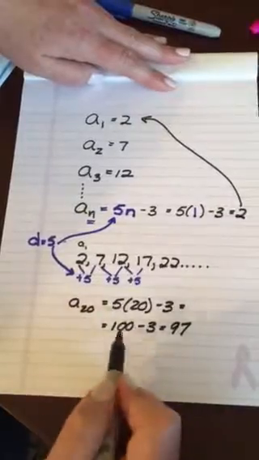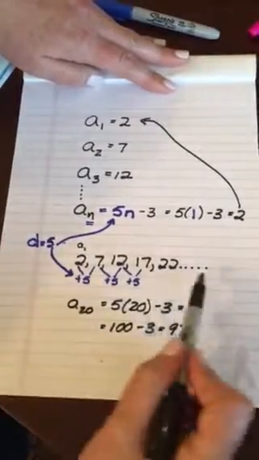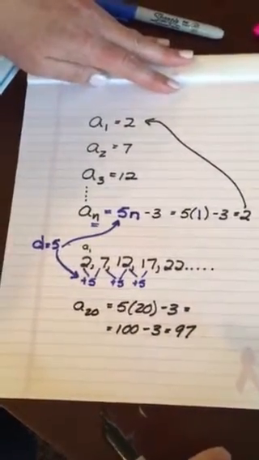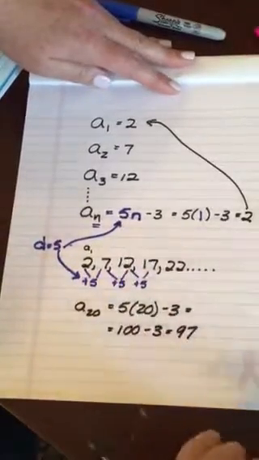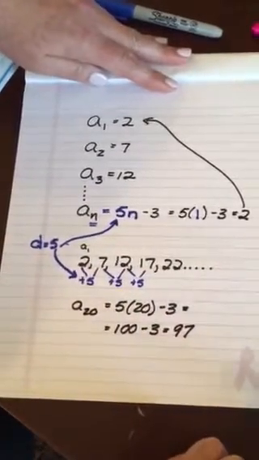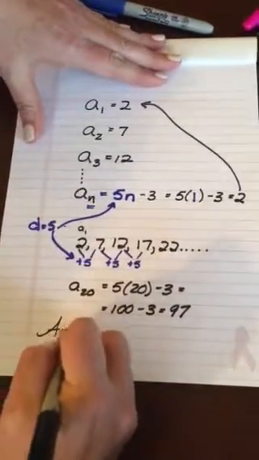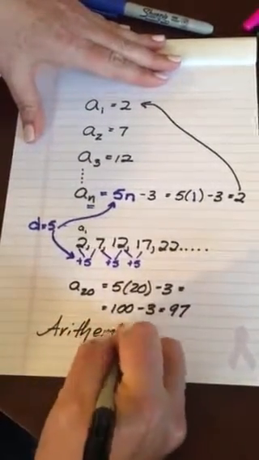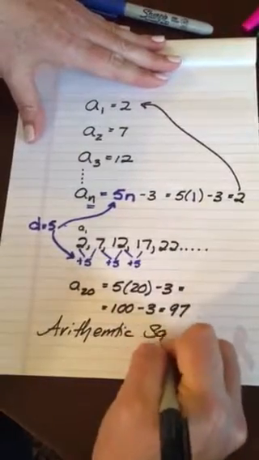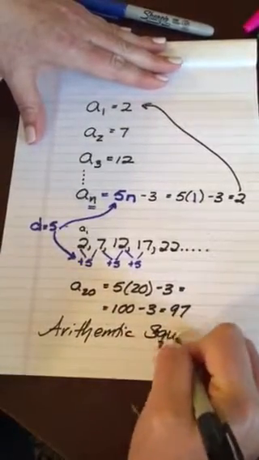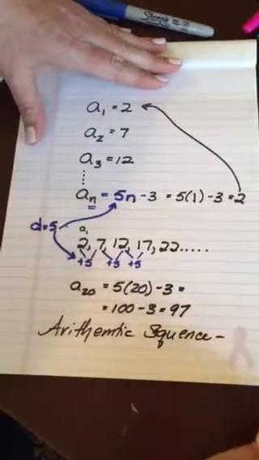That's a lot easier than having to write out 20 terms to find it. You certainly could, but that's where these formulas will help. So that's the basic introduction to an arithmetic sequence. Whoops, put an E in there. Thank you.